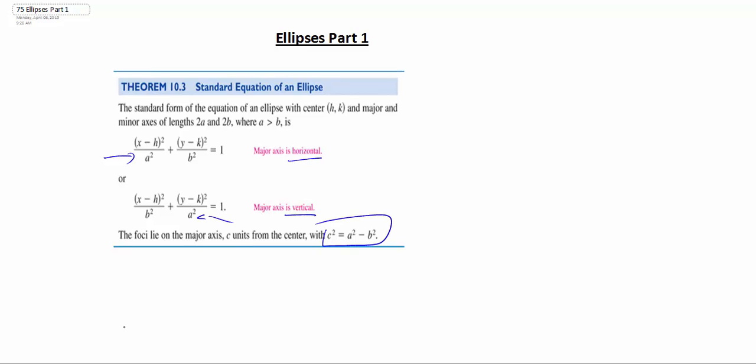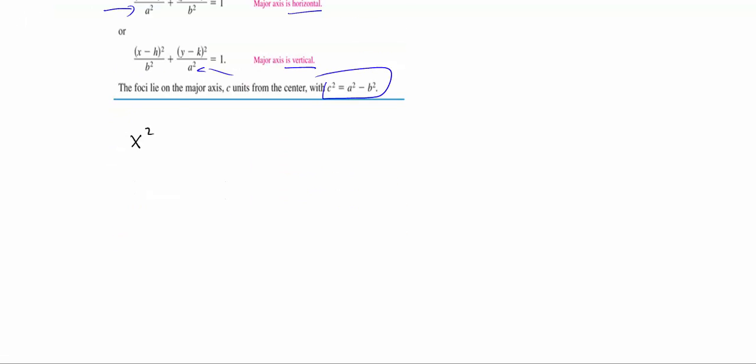So let's look at our first example. We have x squared over 64 plus y squared over 28 is equal to 1. First of all, we'll notice that the 64 is the larger number and is underneath the x squared, so that means it's going to be horizontal.